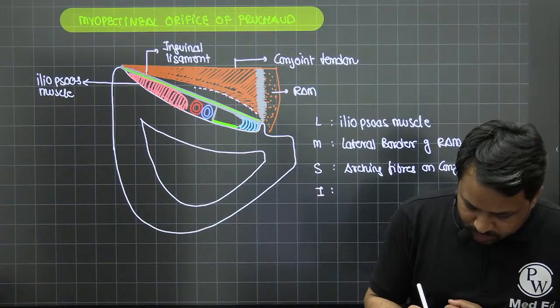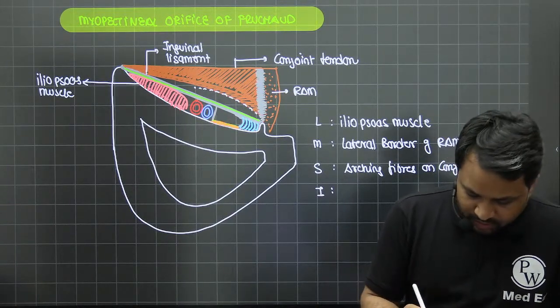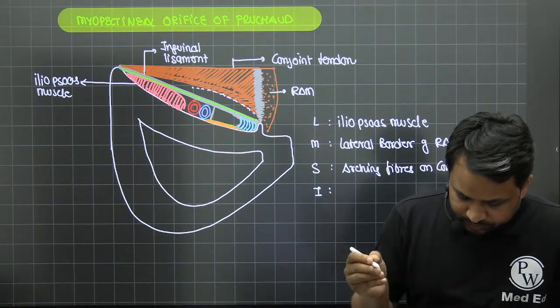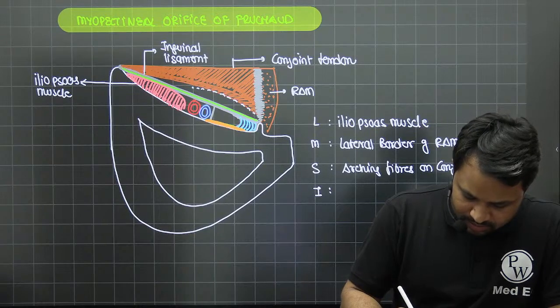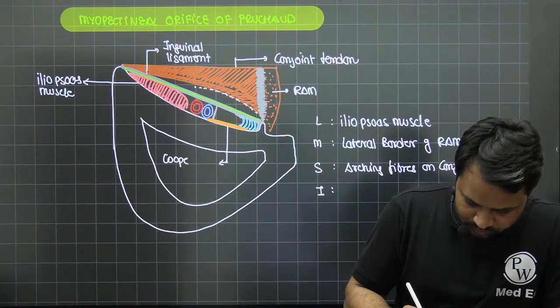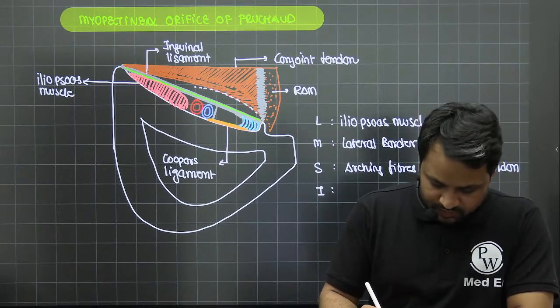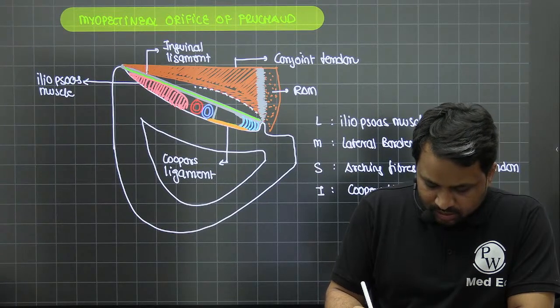So this has to be orange. So this is your Cooper's ligament. Okay, so inferiorly it is formed by your Cooper's ligament.